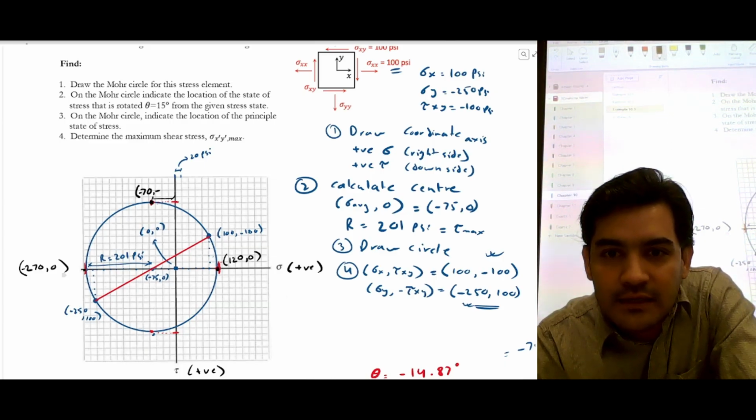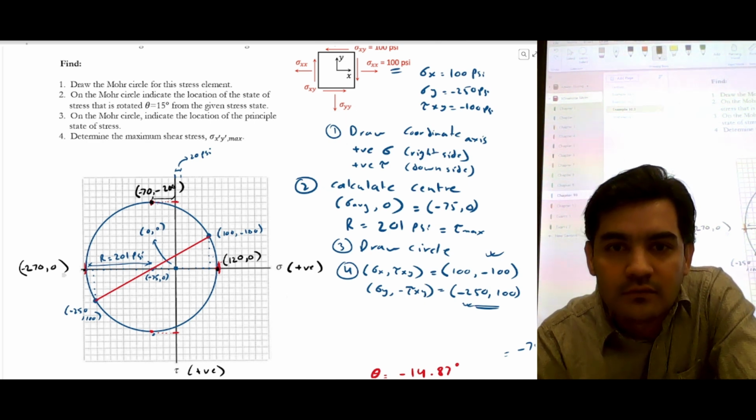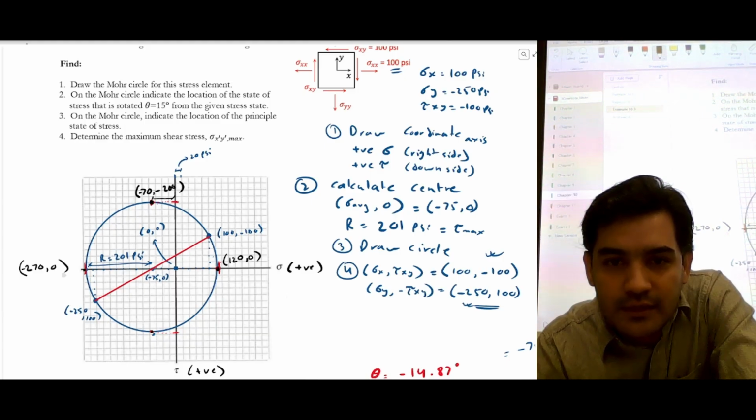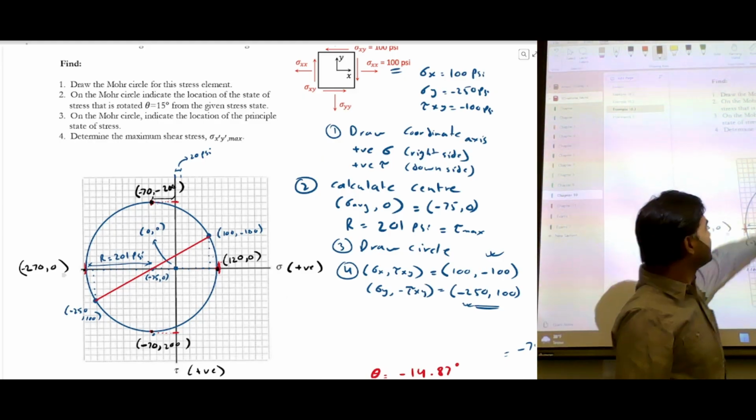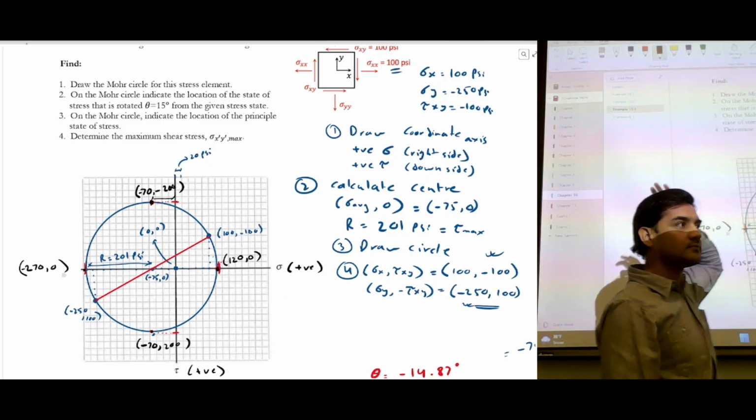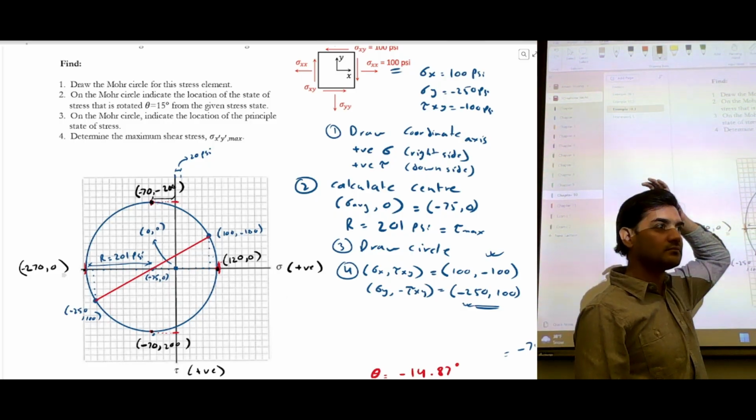It's going to be negative 200. And this point is also x-axis negative 70, y-axis positive 200. All these points make sense? Good.